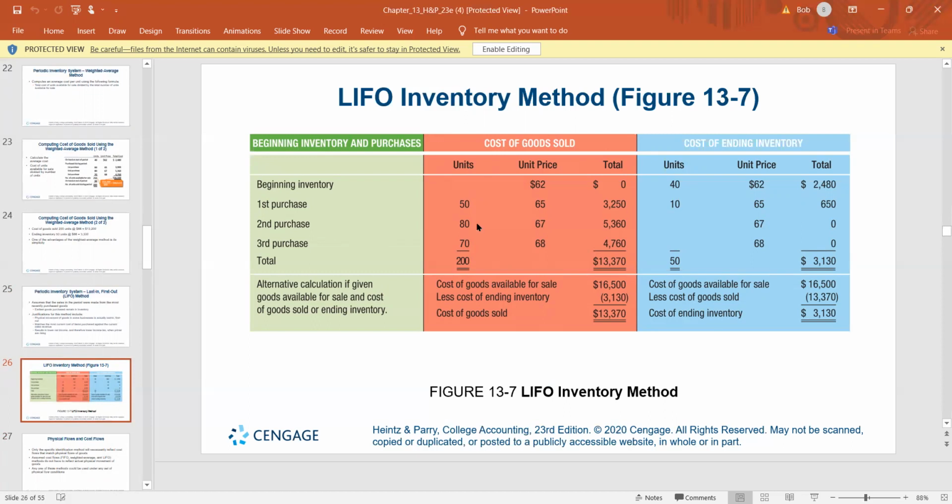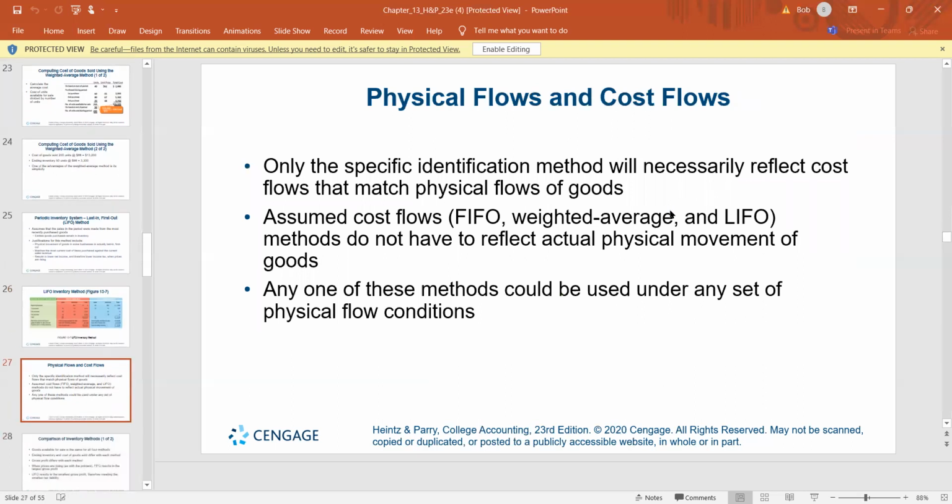We sold the 80 here, and we sold the entire 50 here. That means that we still have 50 left in our inventory, 40 from the beginning inventory, and 10 left over from the 60 of the first purchase.